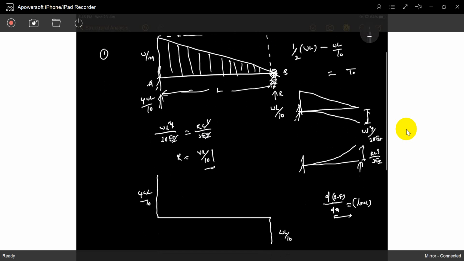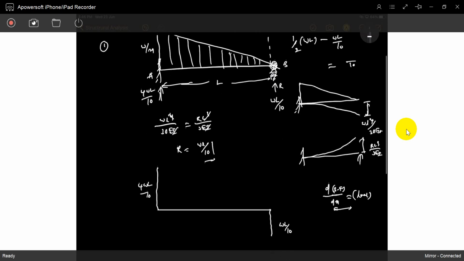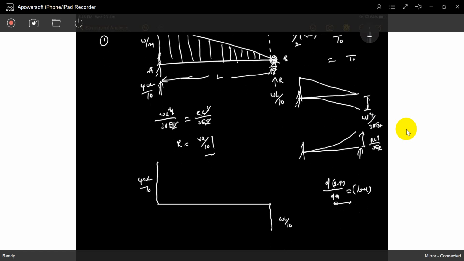The load is there, so there is a slope, but at the end there is no load, so it will go maintaining a zero slope and continue like this. Understood? It has zero slope at the end. Understood how to draw it?